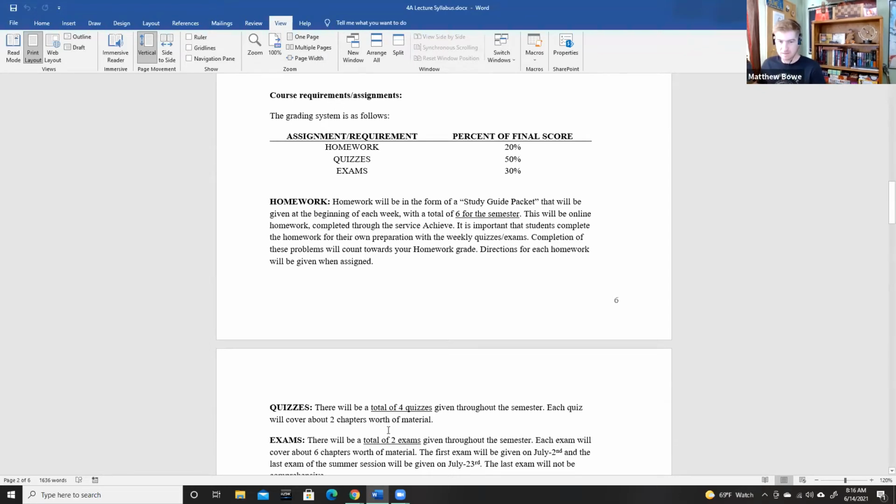So quizzes and exams, that's just something that I call it. You could think of the exams as just like another quiz on the previous topics. It's not going to be significantly longer. It's just going to be another thing that's covering the same stuff.